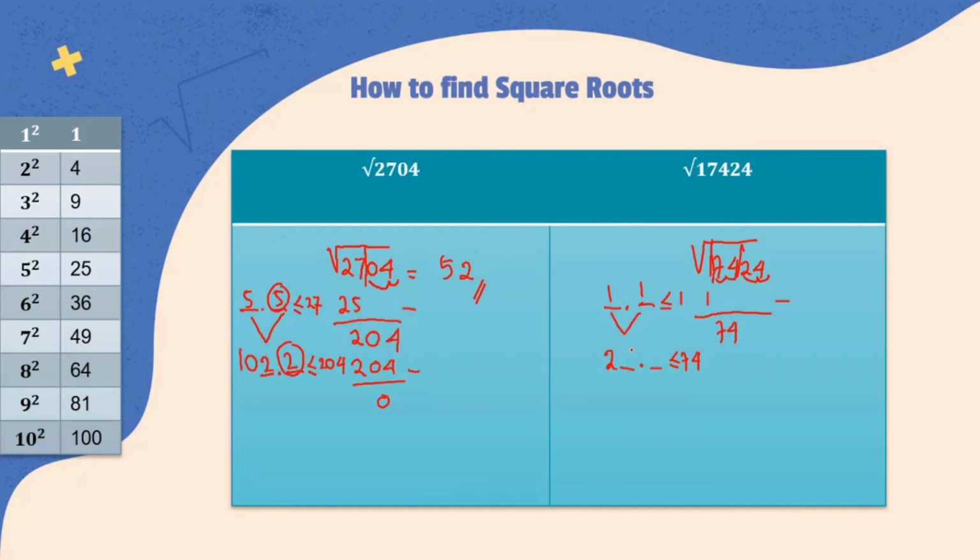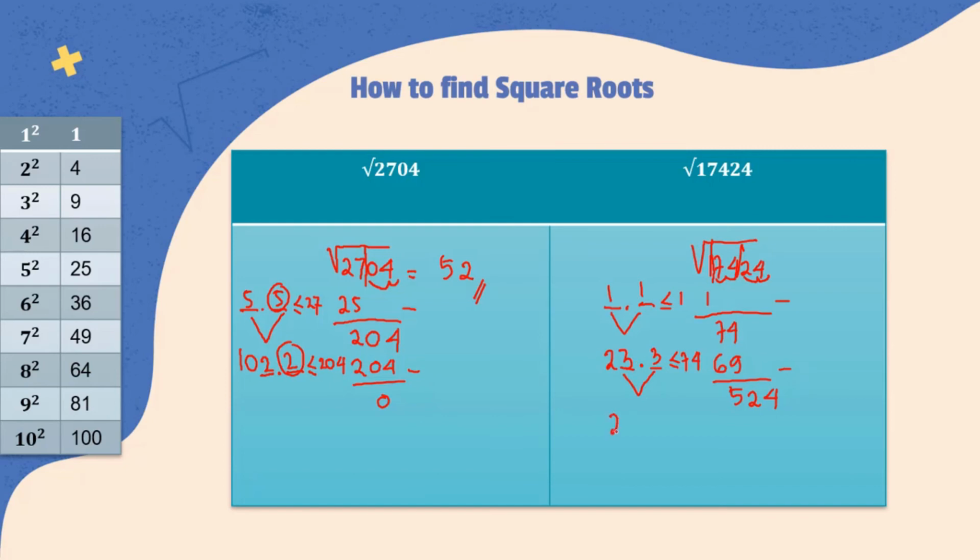It's 3. 23 times 3 is equal to 69. 69 we put right here, minus is equal to 5, and we bring down 2 and 4, right? And we do the same thing.